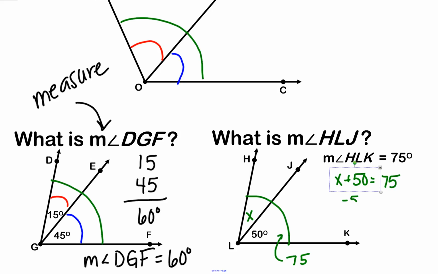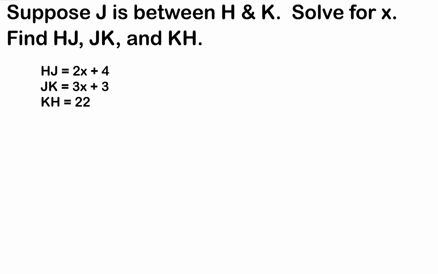I'll subtract 50 from each side, and I'll get that X is equal to 25. So the measure of angle HLJ is equal to 25 degrees. Of course, they always have to add expressions, so let's work with that.